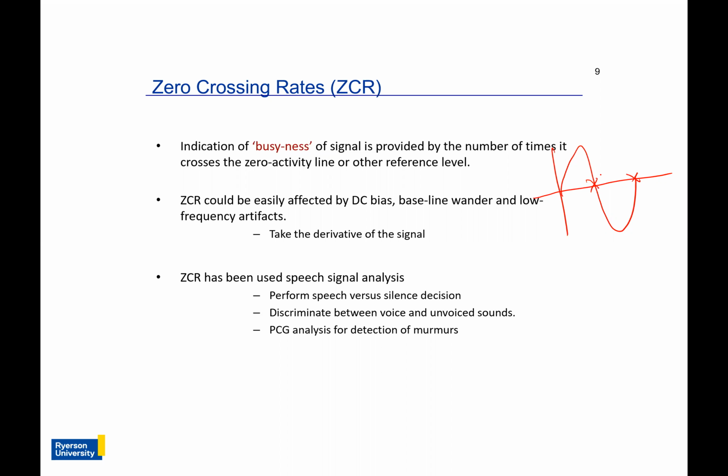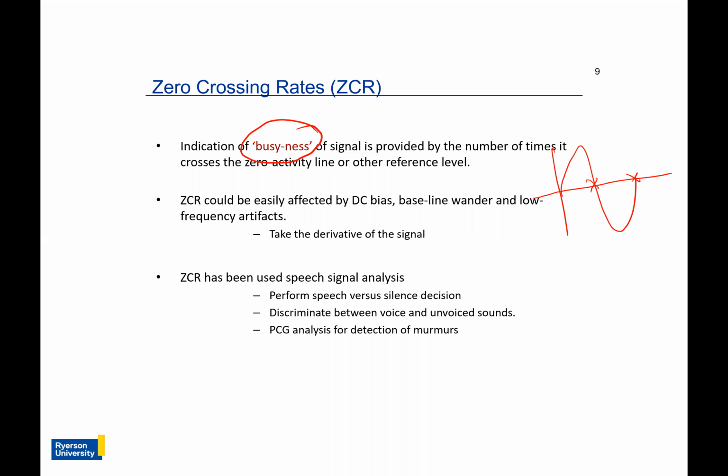And obviously, if the signal has a higher frequency, then the zero crossing rate will be higher. So it's an indirect measure of what's called the instantaneous frequency in a signal. It gives the busyness, how busy your signal is. If your signal has a lot of activity going on, the zero crossing rate tends to be pretty powerful.